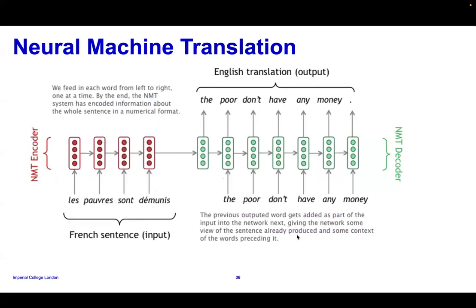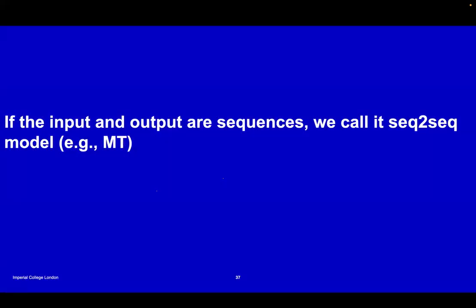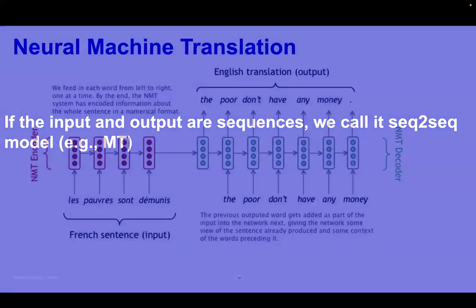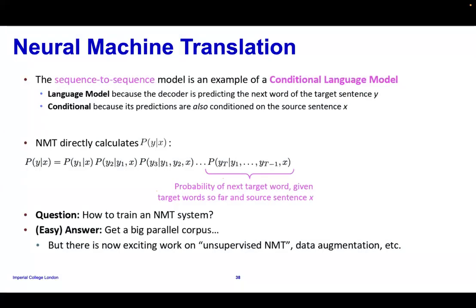So this is basically what I talked about, where we have an encoder and a decoder, and that can be used to solve that one. If the input is a sequence, we call it seq-to-seq, this is what we already said about that.